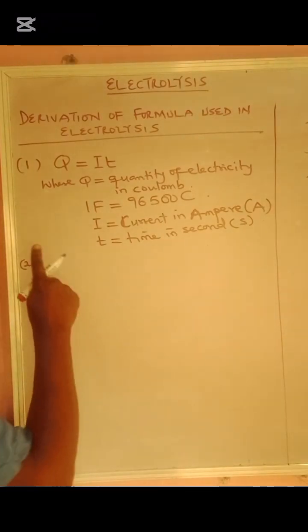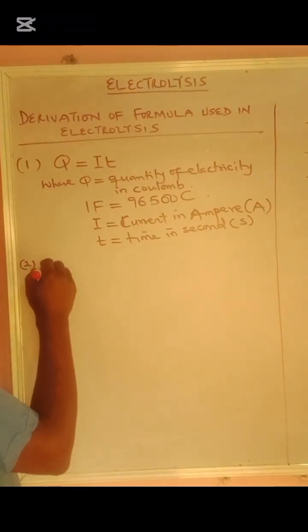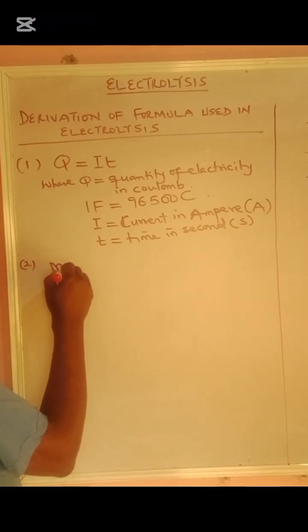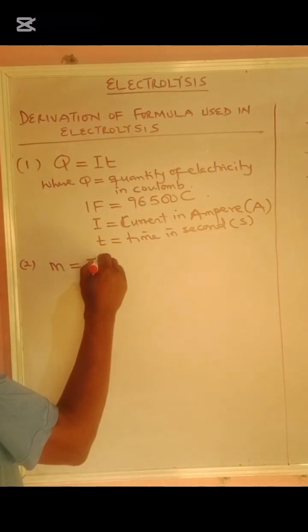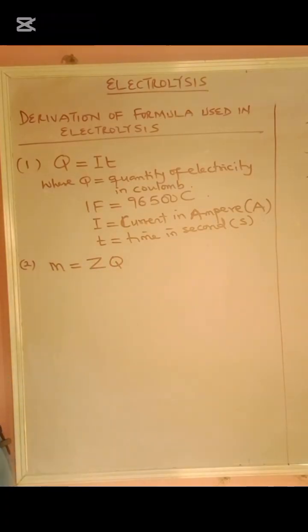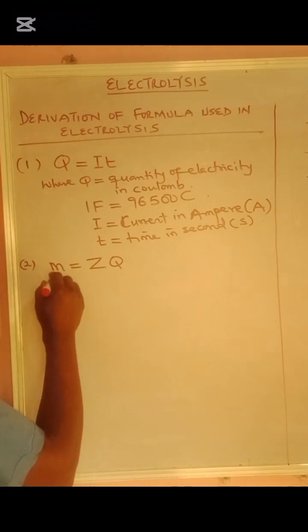in Faraday's first law of electrolysis, we state that the mass of a substance deposited is proportional to the quantity of electricity passed, where Z is a constant known as the electrochemical equivalent.